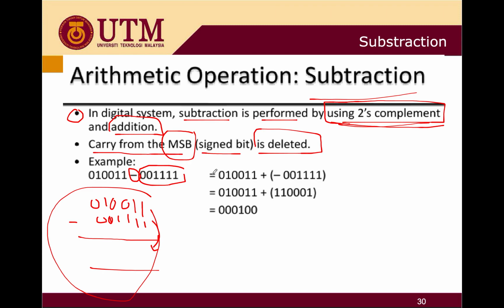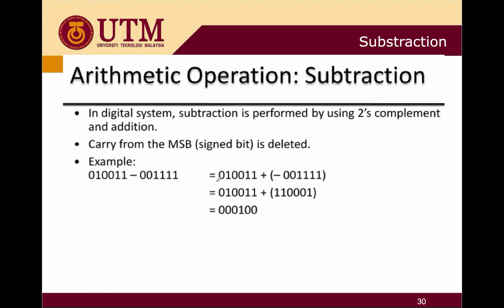This number, you just let it stay similar. This number, you just drag it over here. And this one is similar to positive, the negative value of the second number. That's why you get like this.